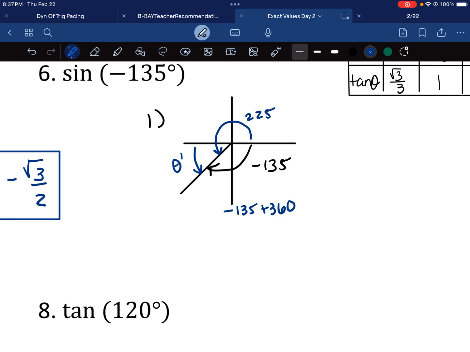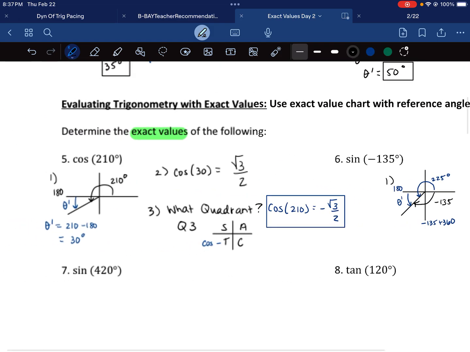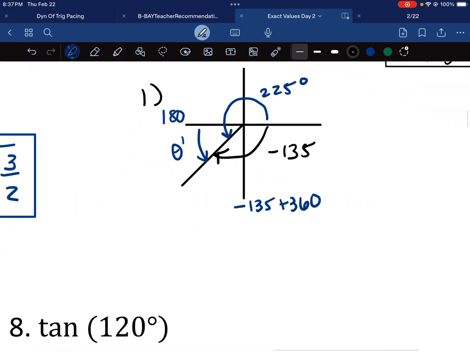The reason I do that here is just because it makes our math neater. This is still step 1. When I now find my reference angle, I'm going to do 225 minus 180 to get 45 degrees. Okay, so this is my reference angle.